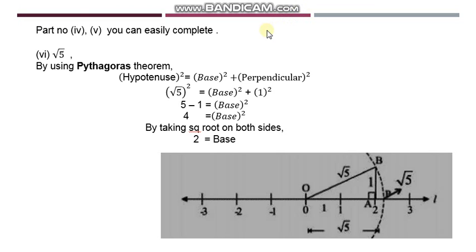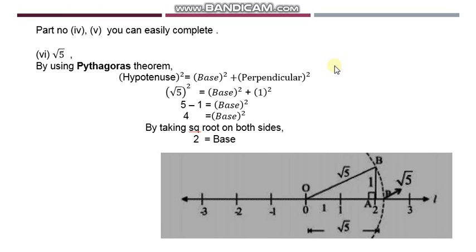Now the sixth part is a square root number. It's the square root of 5. It's an irrational number, a square root of a non-perfect square. So whenever you have this type of square root number, we always apply the Pythagoras theorem. In Pythagoras theorem, we have hypotenuse square equals base square plus perpendicular square.